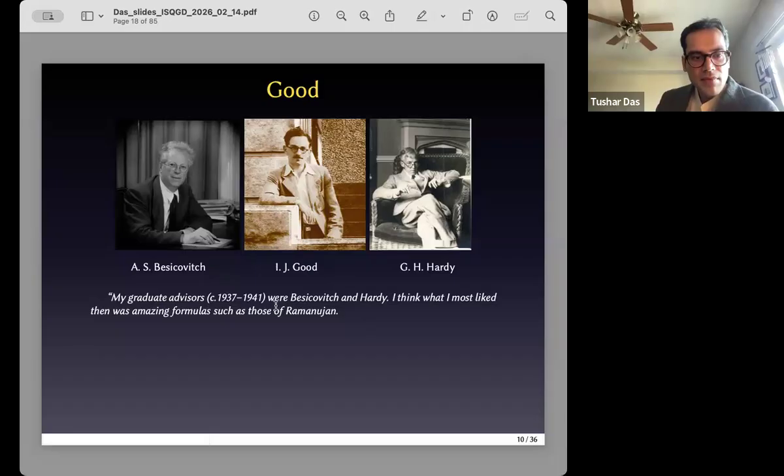At the time, he was a grad student, and these were his advisors, Besicovitch, whom I mentioned earlier, and Hardy. And he said at the time, I think what I liked most was the amazing formulas, such as those of Ramanujan.